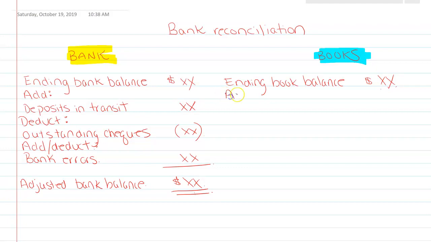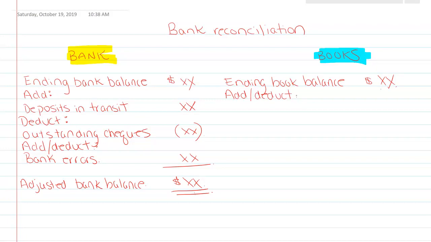So some of the mistakes that could be made is when you're reviewing the bank statement, you might have missed posting an item on there. And say, for example, an item could be service charges that you didn't know about that you didn't record. Or if somebody took money out of your bank account for an automatic bill and you forgot to record that, then you would put that there.